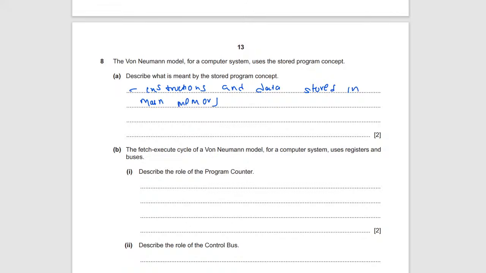And then the other mark basically comes from its name, stored program concept, meaning the instructions are fetched and executed one after the other.